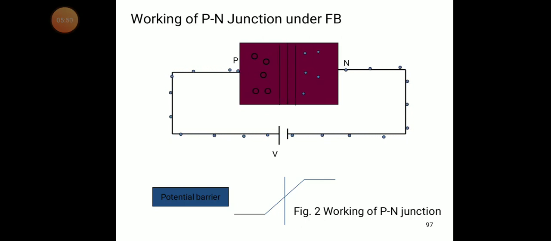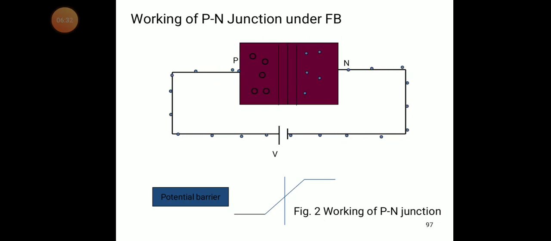These immovable ion charges act as a barrier, so the negative charge opposes the entry of electrons into the P-type material. In the same way, the N-type side has a positive potential barrier and it opposes the holes coming into the N-type material. These two barriers make the potential barrier voltage, so there is no passage of electrons across the junction. So now the PN junction acts as an open circuit.